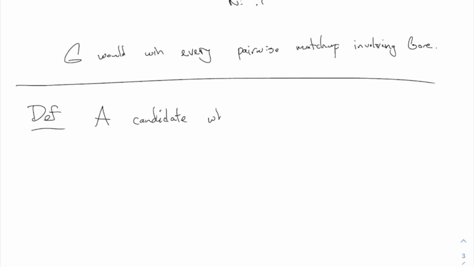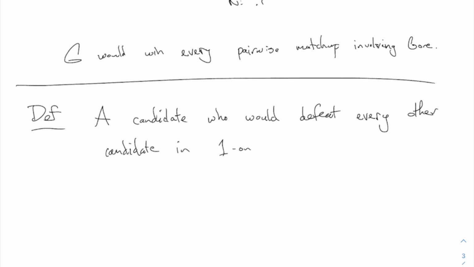who would defeat every other candidate in one-on-one matchups. Such a candidate is called the Condorcet winner. Condorcet is a person's name.